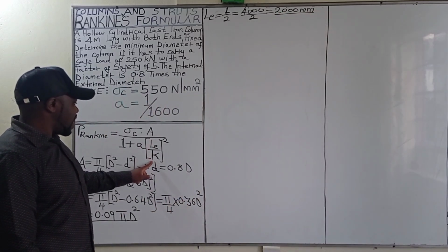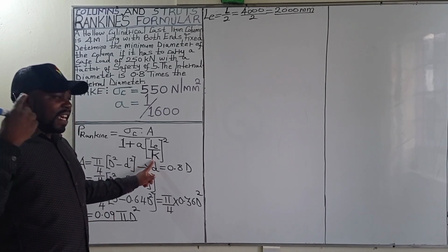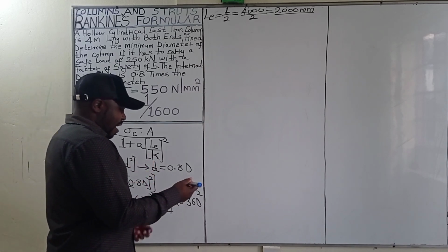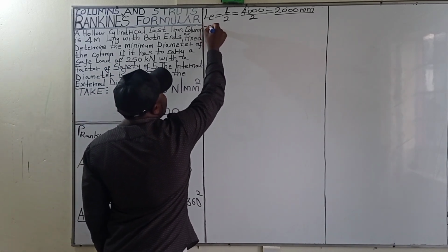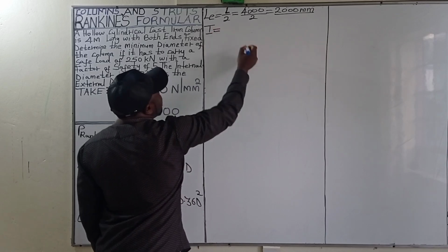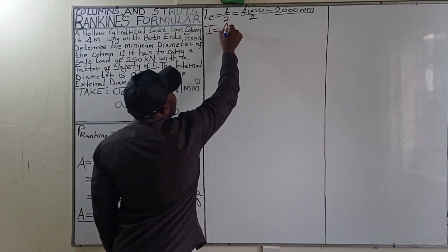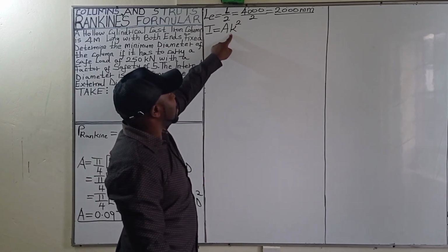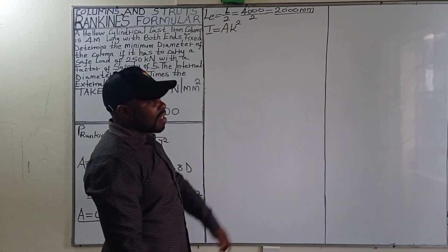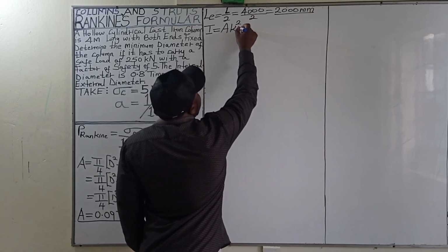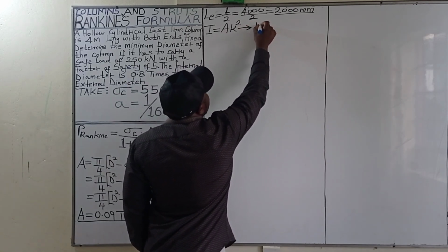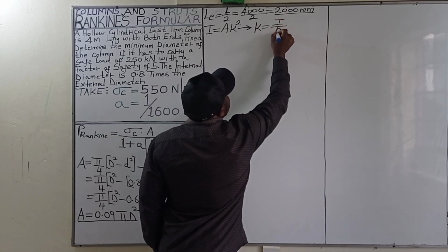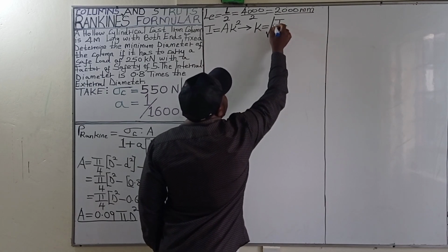Then from there we are going to determine the value of the least radius of gyration, that is k. And from this formula, moment of inertia is equal to A k squared, where A is the cross-sectional area, k is the least radius of gyration. Therefore, when you make k the subject, k is going to be the square root of moment of inertia divided by the cross-sectional area.